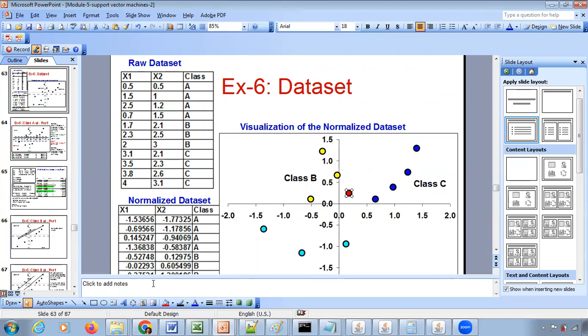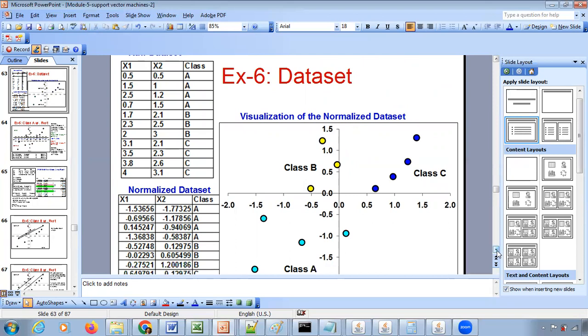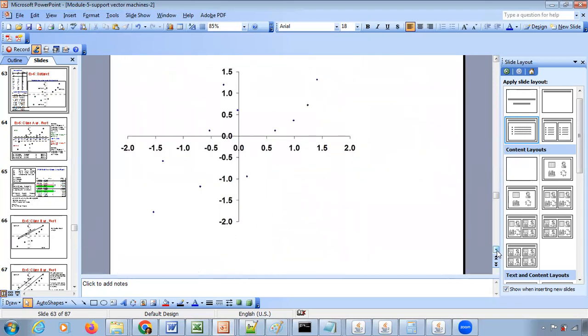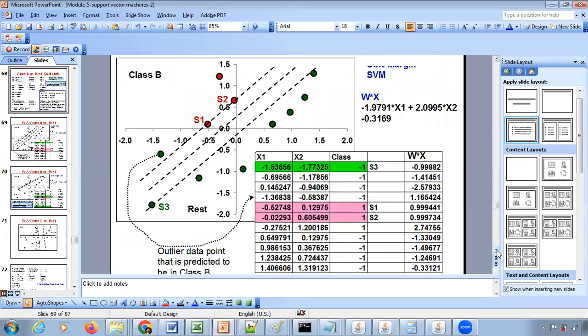So it could belong to class B or it could belong to class C, but we give a toss up and make it belong to class C based on the math. So as I said before, ultimately the math will dominate and decide the class, because everything is based on the math here. So W times X will decide the predicted class for the data point.